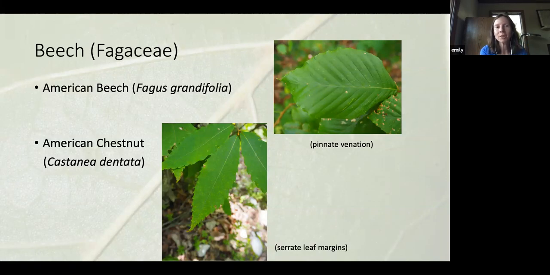The other one in this family is the American chestnut, and that has a serrate leaf margin or a dentate leaf margin, depending on how you would like to classify it. Obviously, these aren't really seen much in the wild anymore or much in a large tree form anymore.